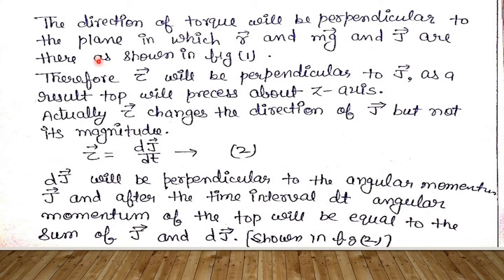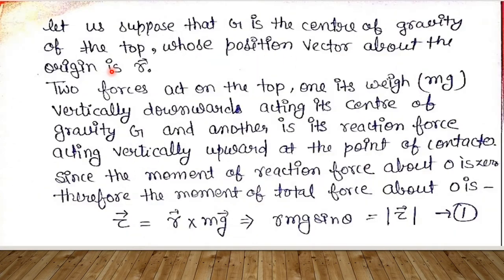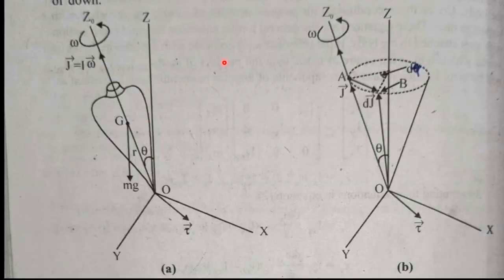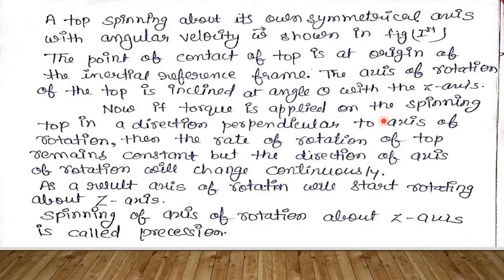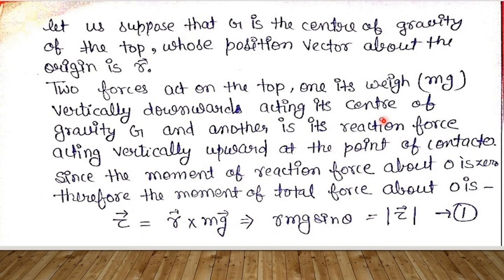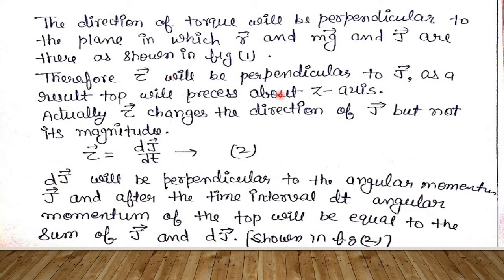Now the direction of the torque will be perpendicular to the plane in which R, mg and J lie, as shown in figure first and figure second. Therefore, tau will be perpendicular to J. As a result, the top will precess about the z axis. Actually, tau changes the direction of J but not its magnitude. So tau equals dJ upon dt.